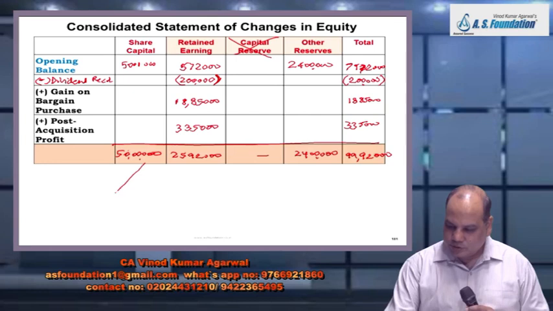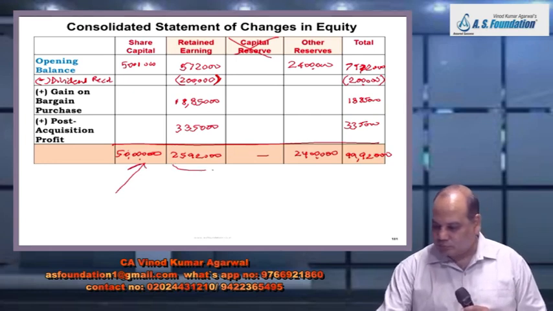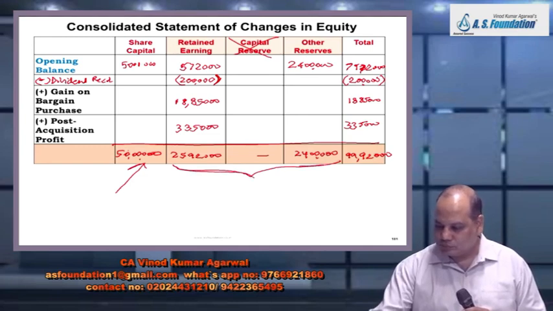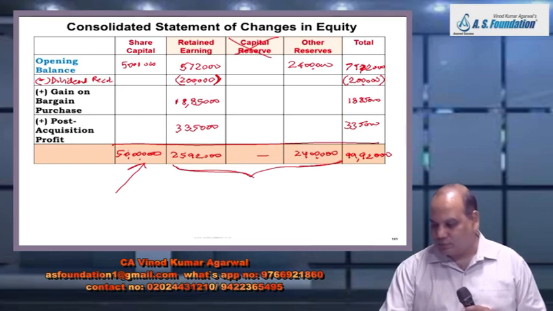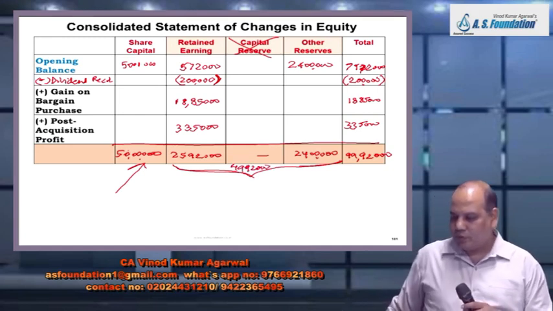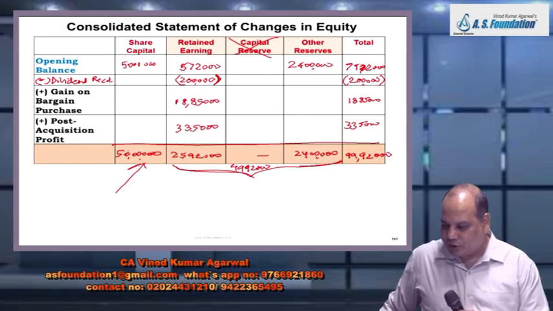Okay. This is share capital. What is the total of these two reserves? 49 lakh 92,000. Right here, 49 lakh 92,000. Okay. So let us write down share capital.